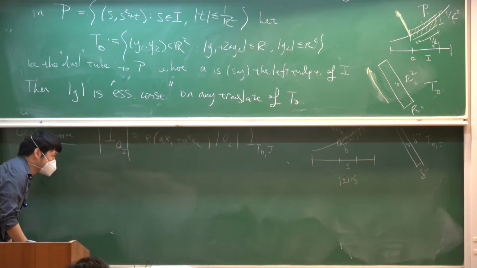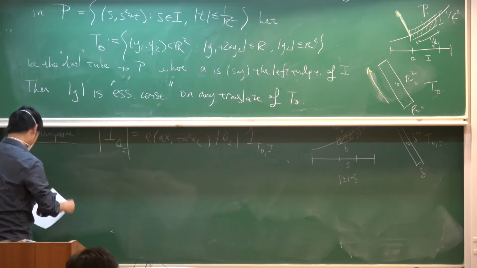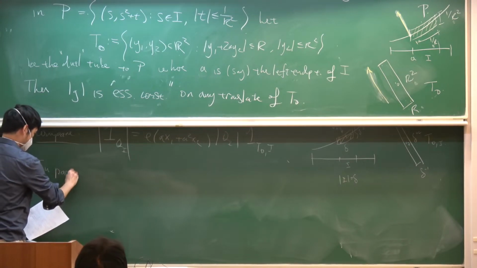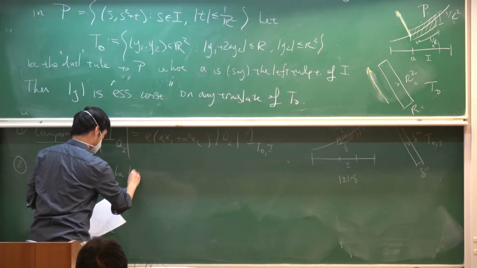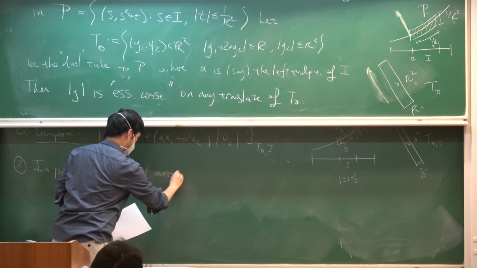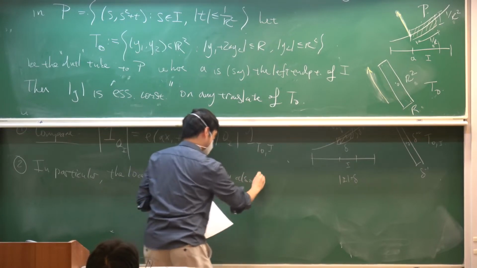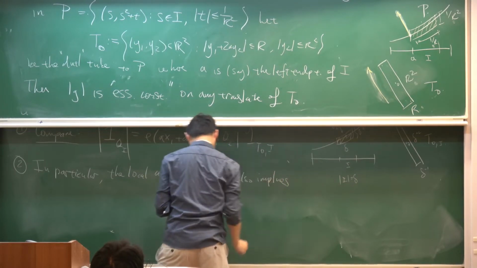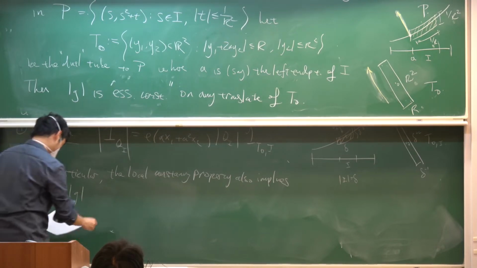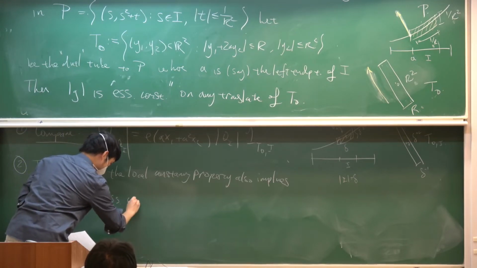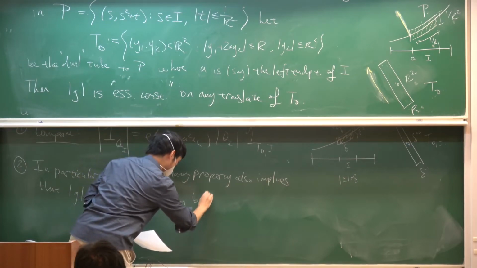Remark 2: in particular, the local constancy property also implies that the absolute value of G is essentially constant on any ball of radius r.